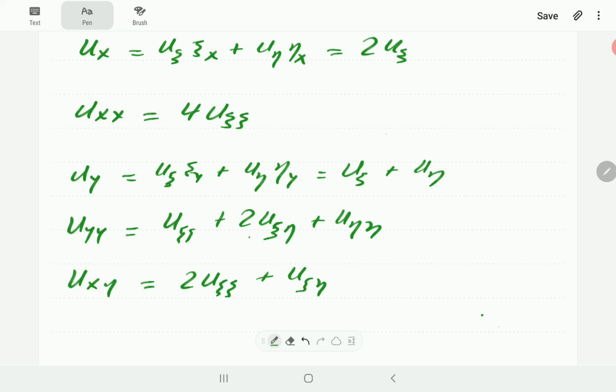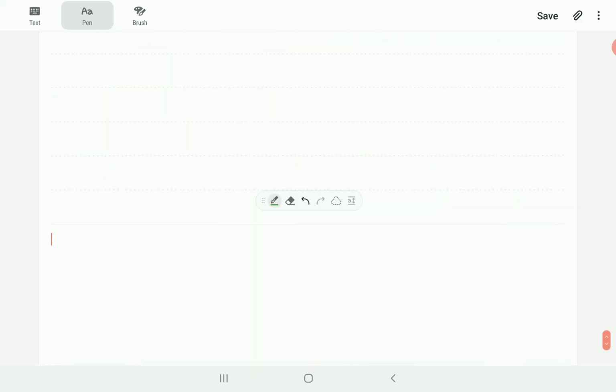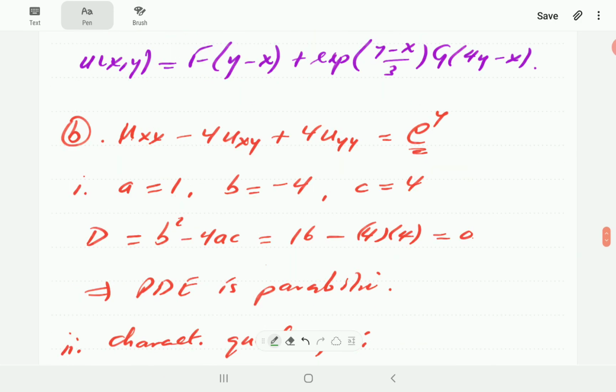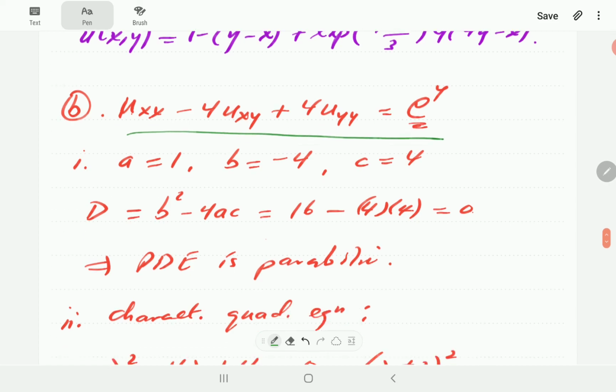Okay, and then we're going to substitute into the PDE, which is this one there.